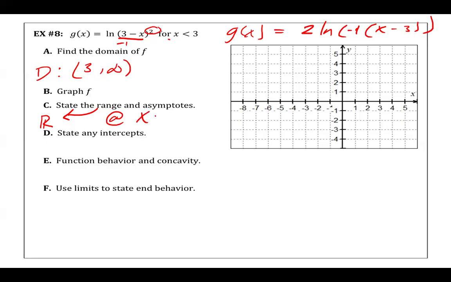Three. Remember for a log, your asymptote depends on your horizontal translation. And my horizontal translation is 3 units to the right.